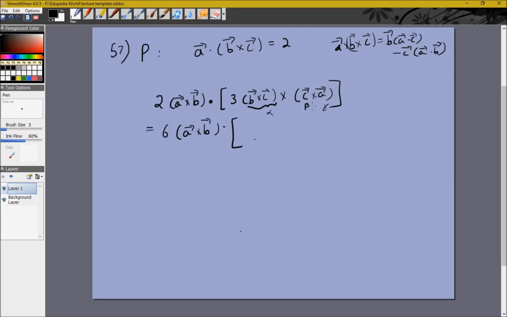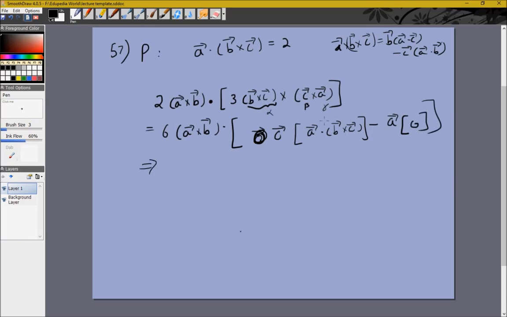Right. So it will be C times the dot product of these two terms, that is A dot B cross C, minus A times the dot product of these two terms, which is 0, because B cross C is perpendicular to C.